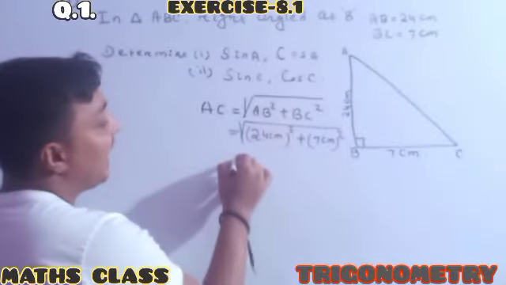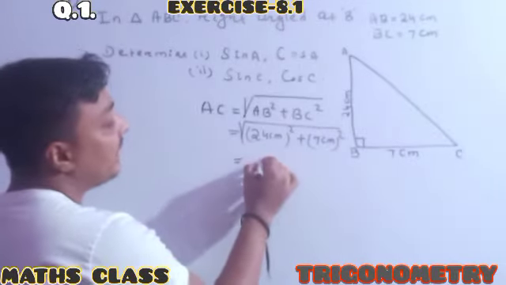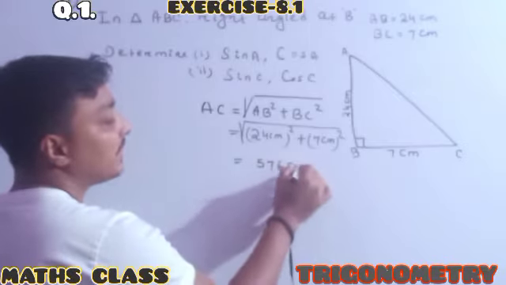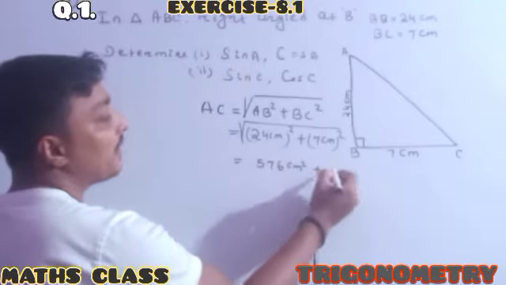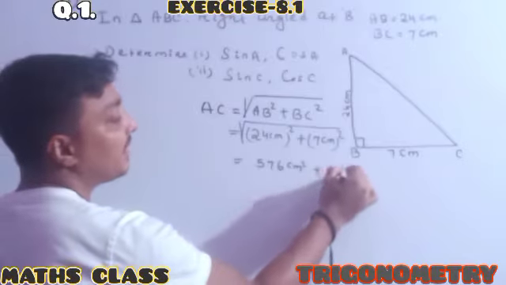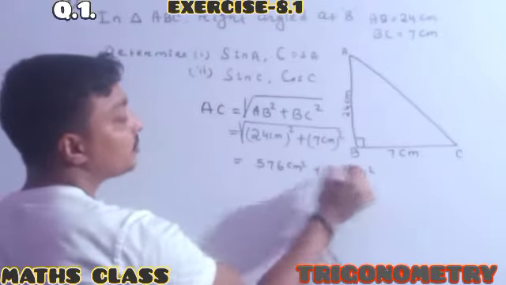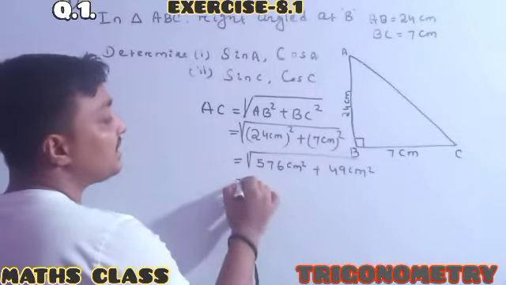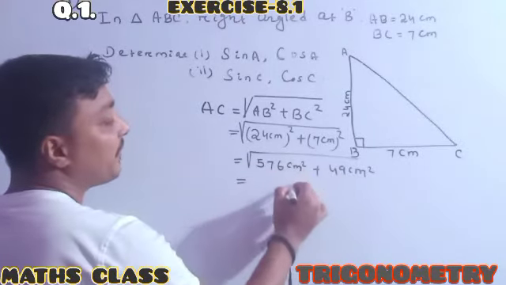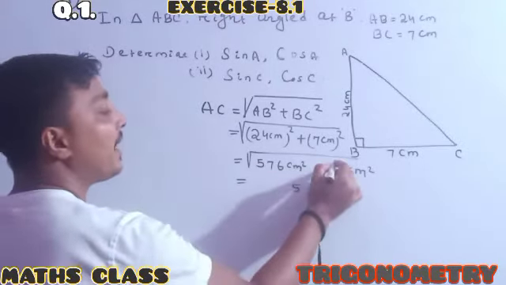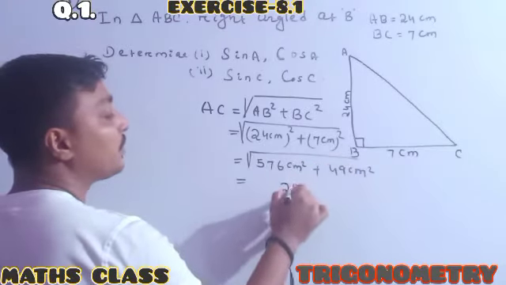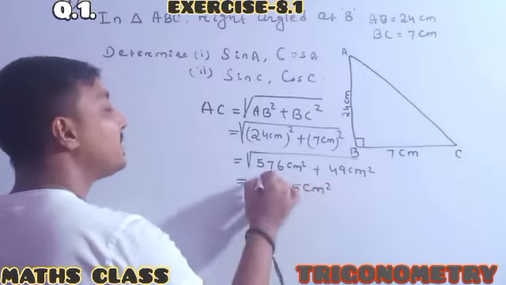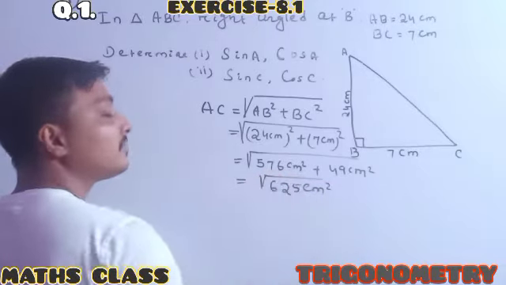Perfectly good. 24 centimeter squared is 576 centimeter square, and 7 centimeter squared is 49 centimeter square, under the root, which is equal to 625 centimeter square.